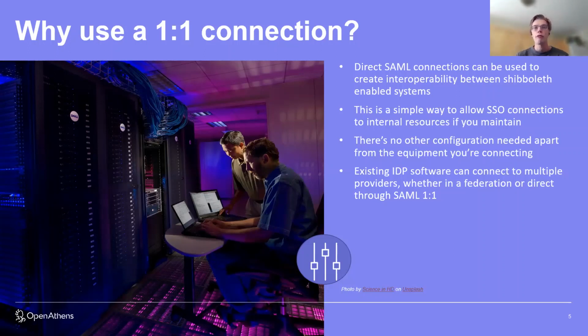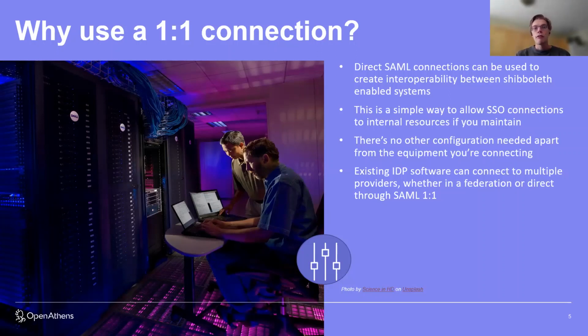That's a more flexible approach if you've got customers who traditionally aren't in a federation environment, or systems that you maintain yourself where you've got Shibboleth enabled as well. You can connect to federations and one-to-one connections using either of these methods, and mix those where they might be best used.